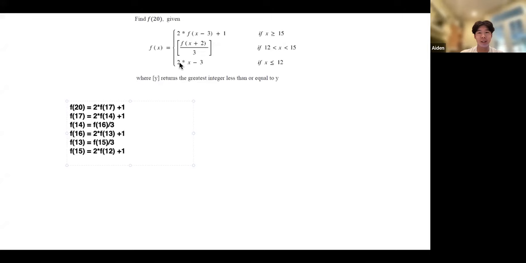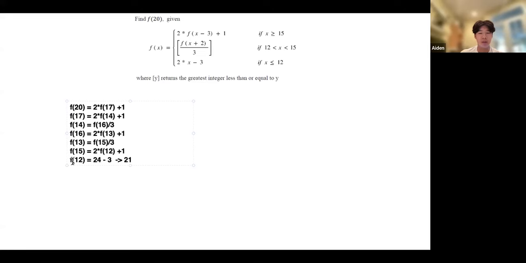And finally, we can get to the base case down here since x is finally less than or equal to 12. So we get f of 12 is equal to 2 times 12 minus 3, and 2 times 12 is 24 minus 3, which is equal to 21.